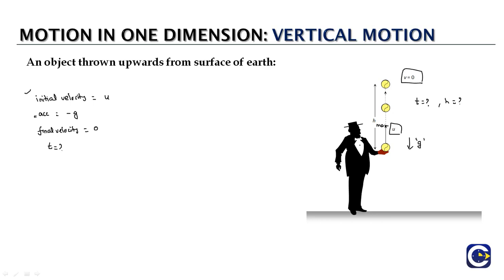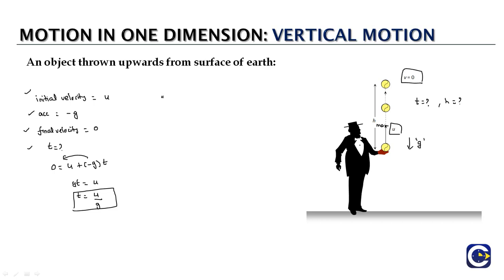So we have initial velocity, acceleration, final velocity, and time. The equation that relates these four variables is v equals u plus at. So 0 equals u plus minus g into t. On rearranging, g into t equals u, so t comes as u by g. This is the time it takes for the object to reach the maximum height.